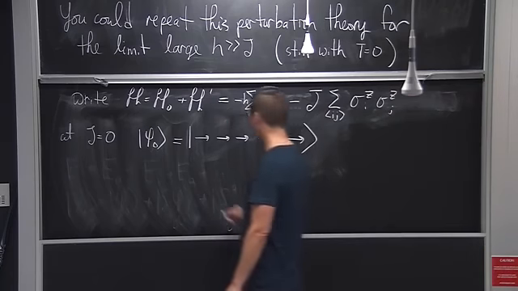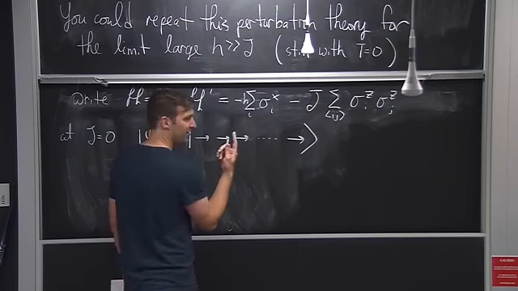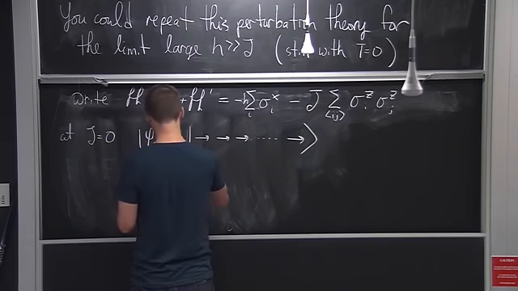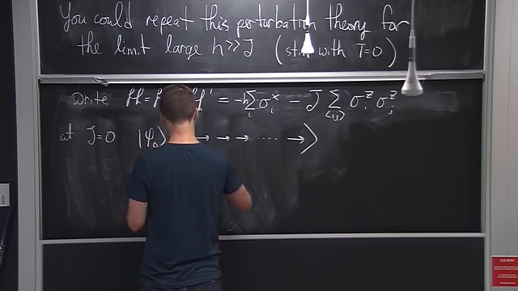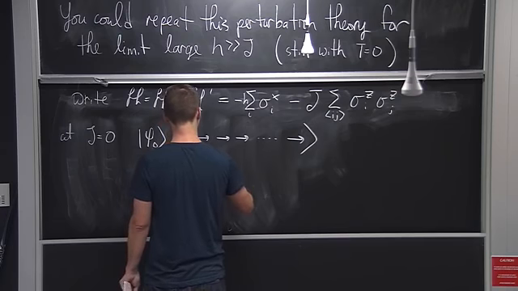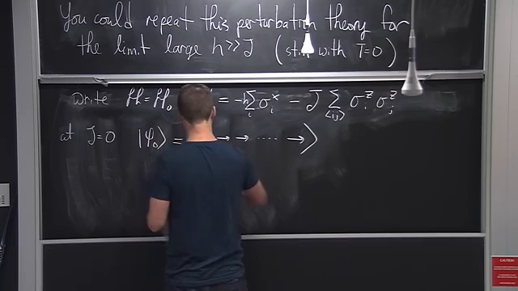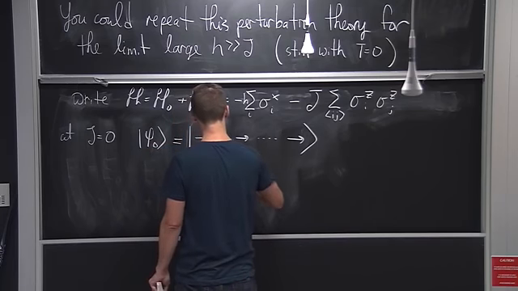Maybe that's weird. Each one of these is basically an up plus down state. So you write it as the tensor product. This is going to suck. I guess you can do it like this.